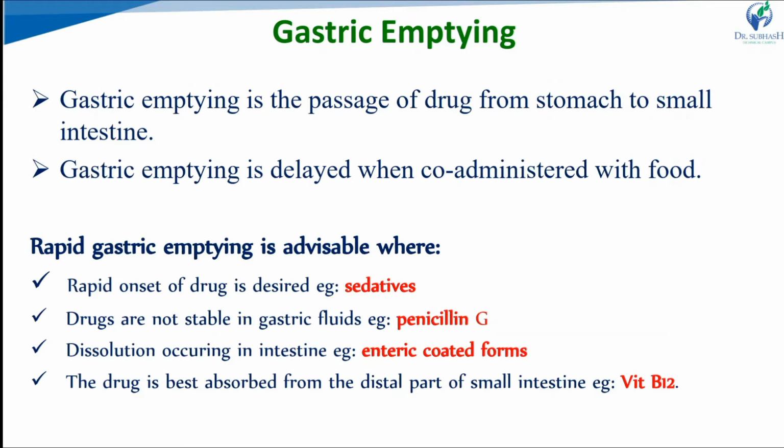Gastric emptying means the passage from the stomach to the small intestine, that is, the content present in the stomach is transferred to the small intestine. The rate at which this occurs is the gastric emptying rate, and the time required for the food present in the stomach to completely transfer to the small intestine is the gastric emptying time.